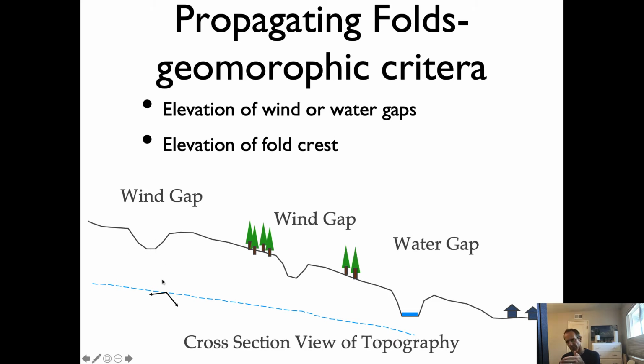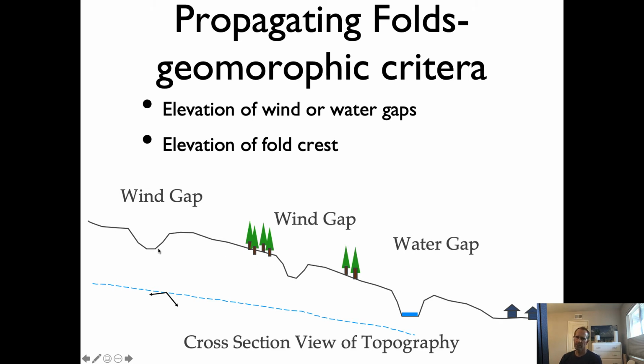So instead, it diverted to a new spot. Then eventually it couldn't pass through there anymore either, and it diverted to another spot. The blue here represents where the river is actually still flowing. The places where it got defeated, we would call wind gaps.